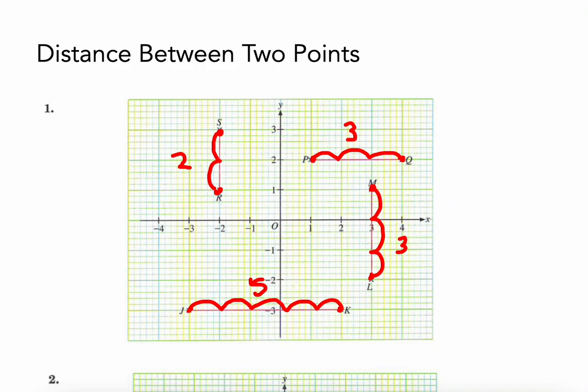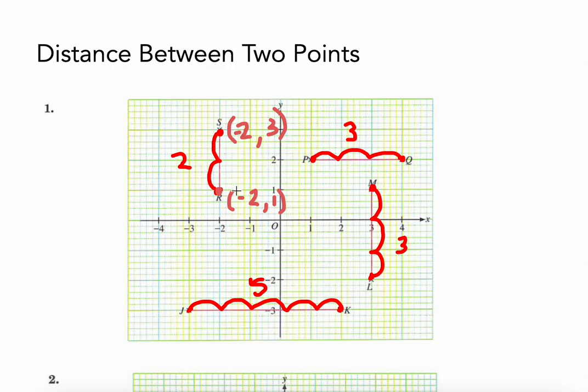If you don't have a coordinate graph, you would still be able to figure out the distance pretty easily. If I were to give you the coordinate points for S and R, for instance, -2, 1, and -2, 3, you notice that they both lie on the x equals -2 line, except one is at y equals 1 and the other is at y equals 3.